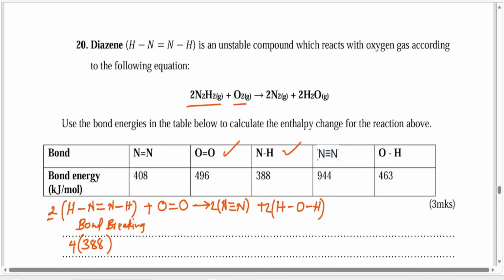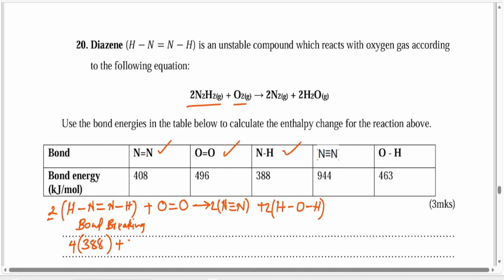Oxygen is 496. Before we go to oxygen, we also have nitrogen within the diazine, and it's times 2 in this case because we have the 2 that balances that molecule.